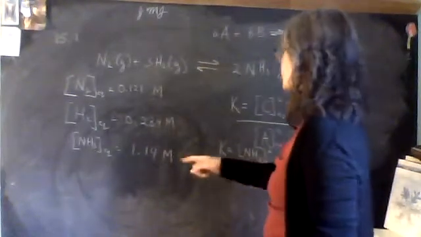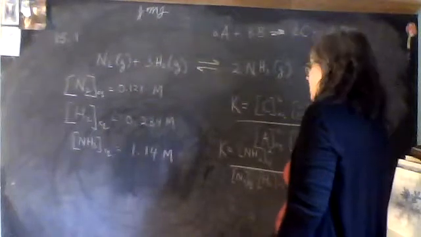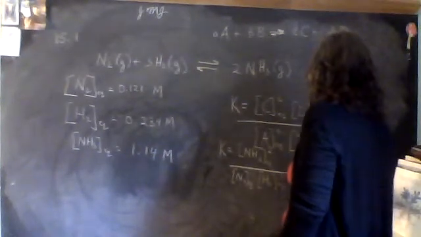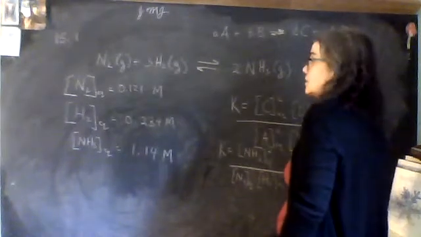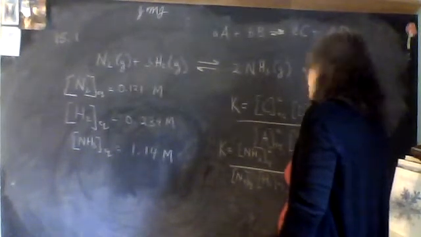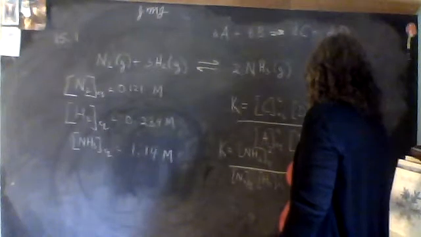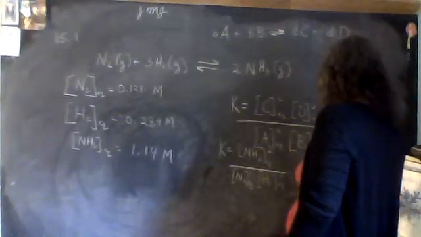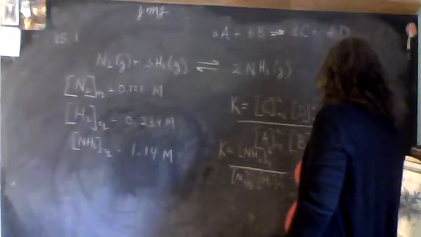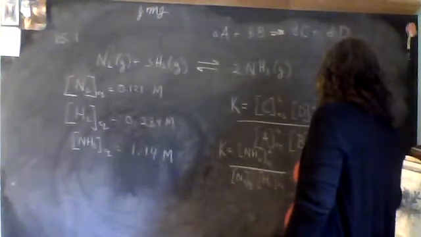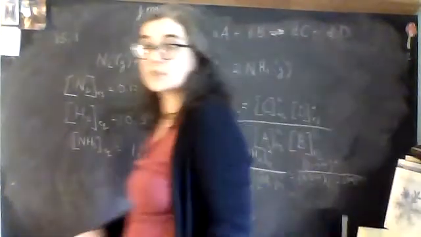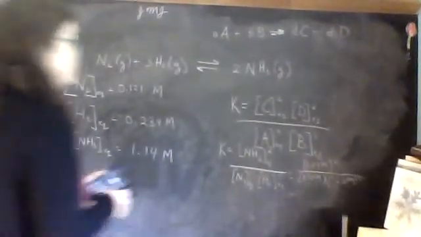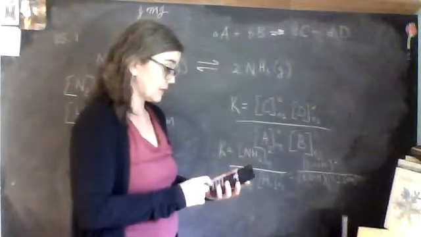So that's 1.14 molarity squared over 0.121 molarity times 0.234 molarity cubed. We can set this up on our calculator as long as we use our parentheses.